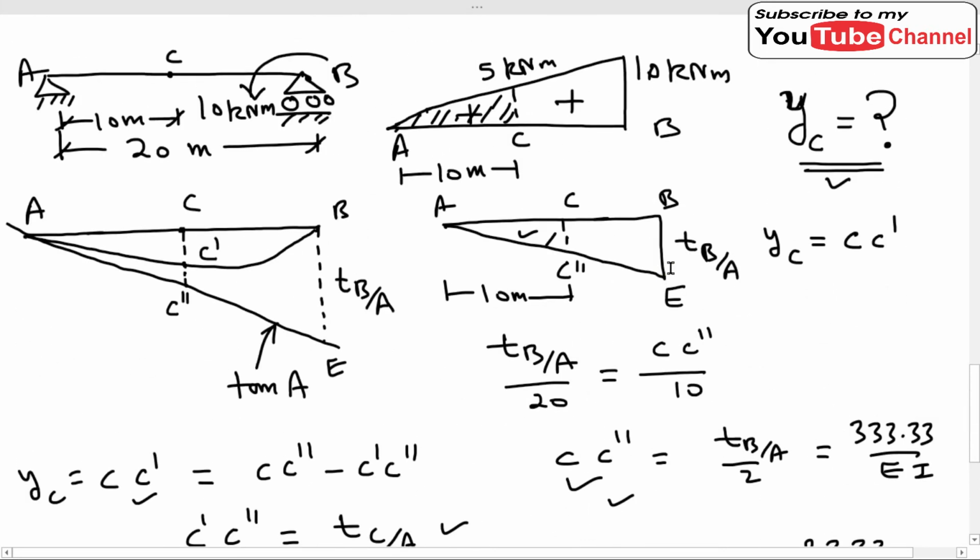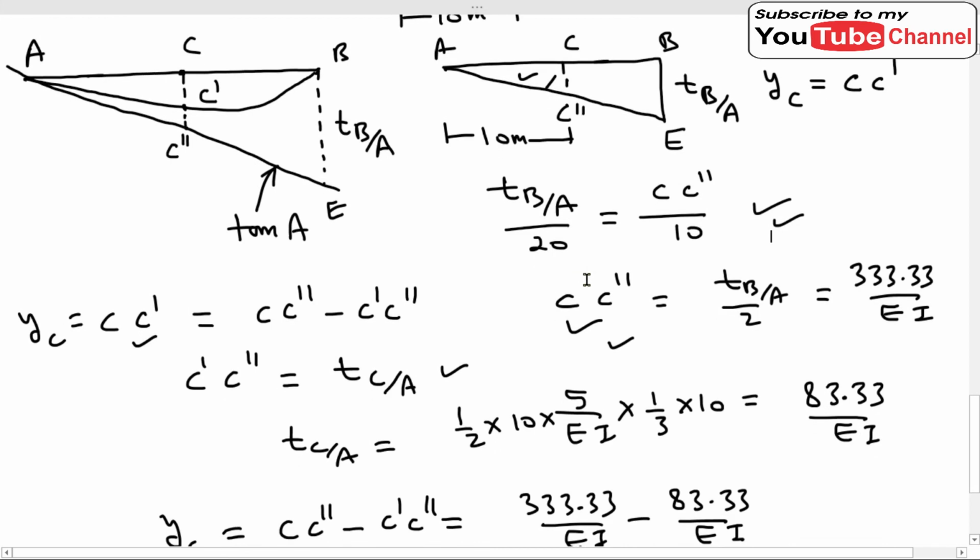We have calculated CC double dash by using the property of similar triangles, and after that we found out the value of TC over A, which is equal to C dash C double dash. TC over A means the tangential deviation at C with respect to the tangent drawn at A. Let me draw it here. This value is TC over A.